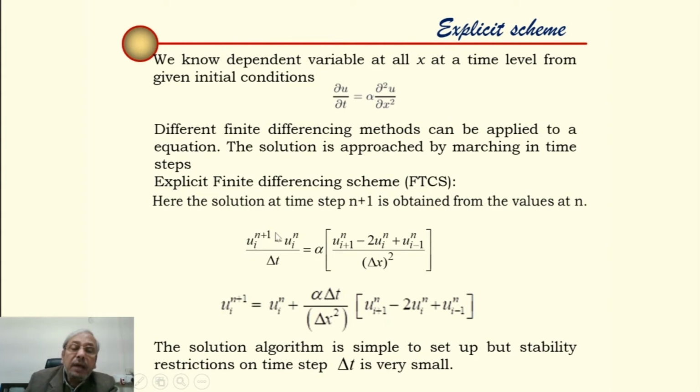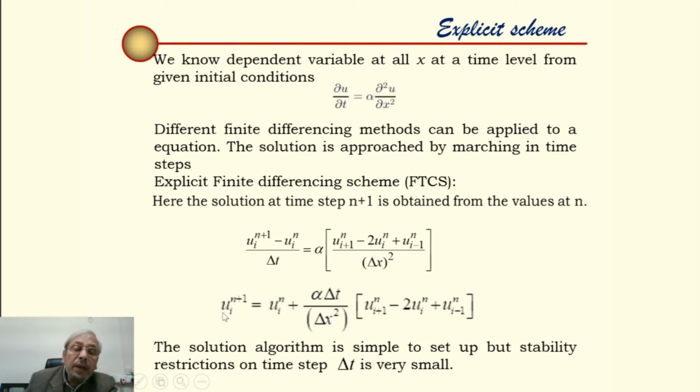So (u_i^n+1 minus u_i^n) by delta t, forward in time, and central in space, (u_i+1 minus twice u_i plus u_i-1), all at the nth level, divided by delta x squared.